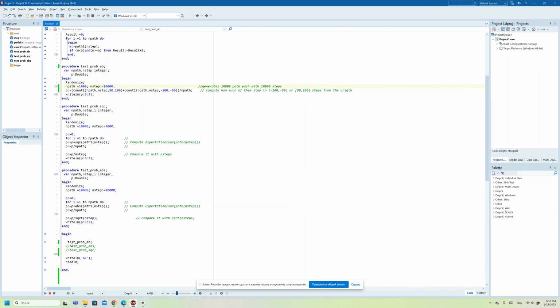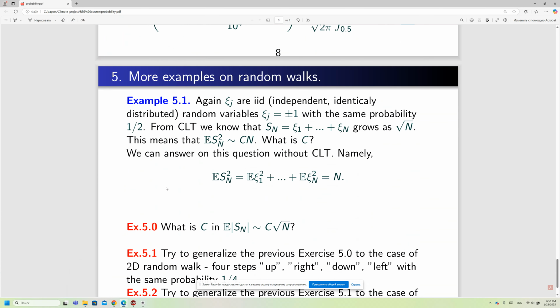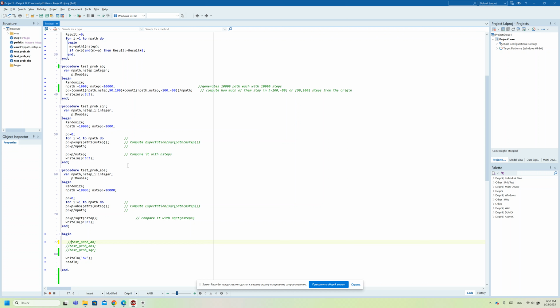Next, the function is for the example on the next page, where we produce paths and compute the growth rate of Sn, the length of the path. We should take the power 2 and it should grow like n multiplied by a constant c. And we remember from our theoretical result the constant c is exactly 1. Okay, let us check if it is really true or not.